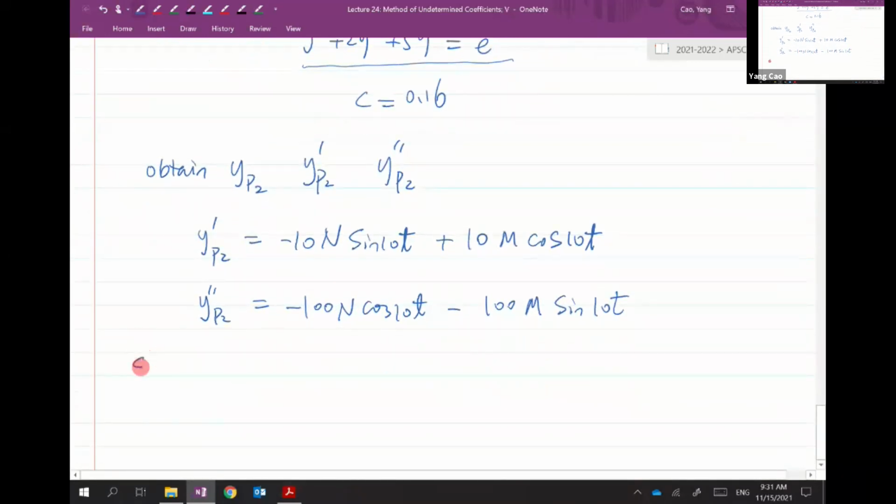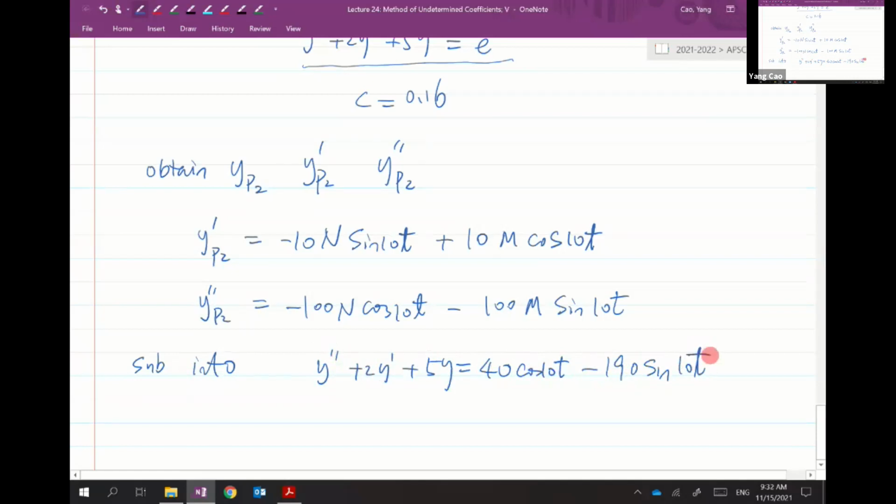So now you substitute this YP into y double prime plus 2y prime plus 5y equal to 40 cosine 10t minus 190 sine 10t. So this time you're not dealing with the exponential e to the power 0.5t anymore.